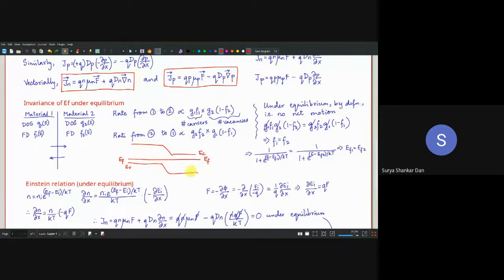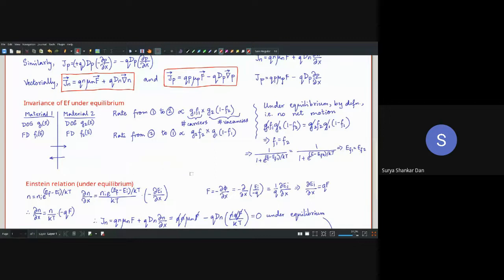This is the typical way of drawing the p-n junction. We will look into p-n junction right after 1 or 2 classes. Now, the point is, note that we always used to make EF as a reference horizontal line. Okay? That means EF is invariant between materials as long as it is under equilibrium. Okay?